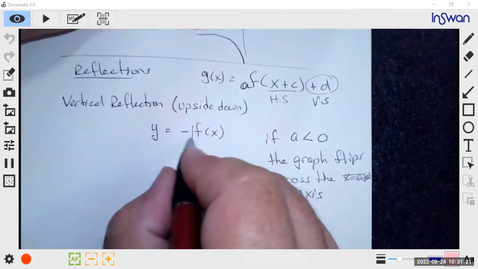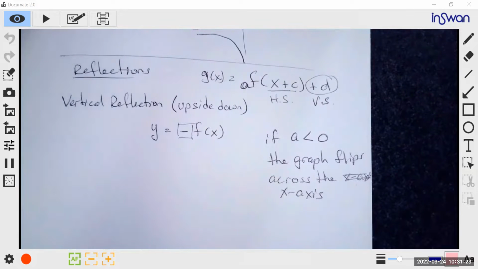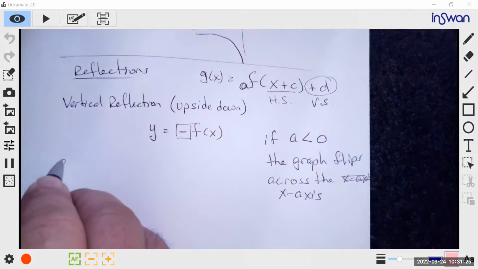So if our leading coefficient is negative, then we know it flips across the x-axis.